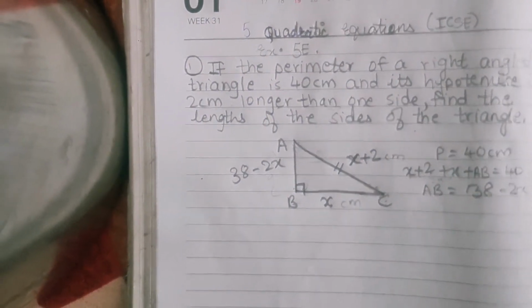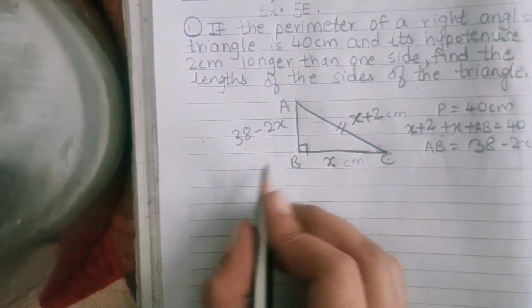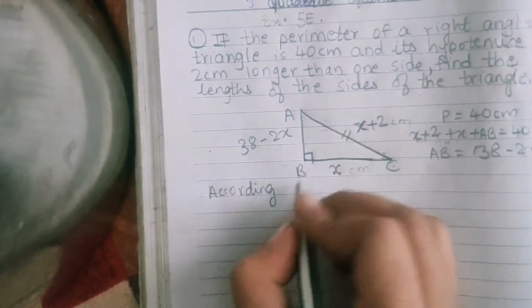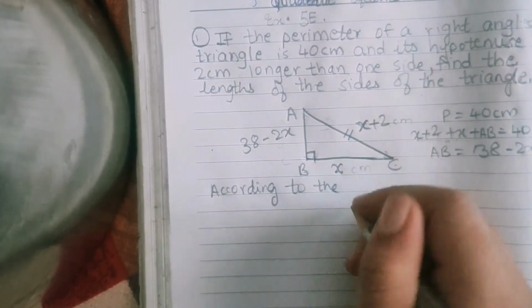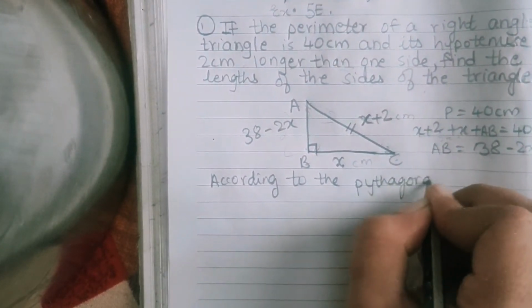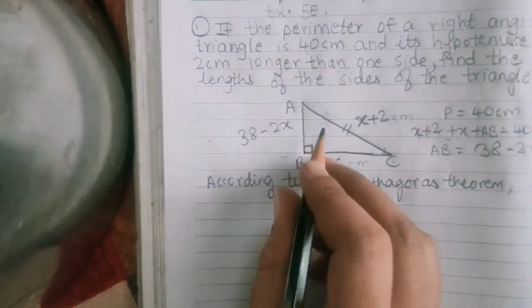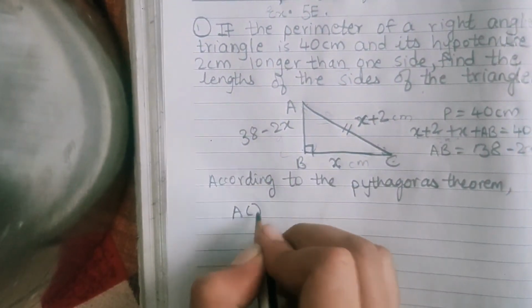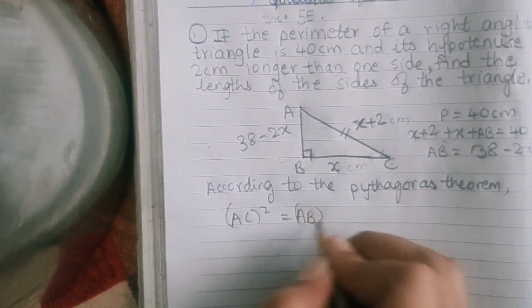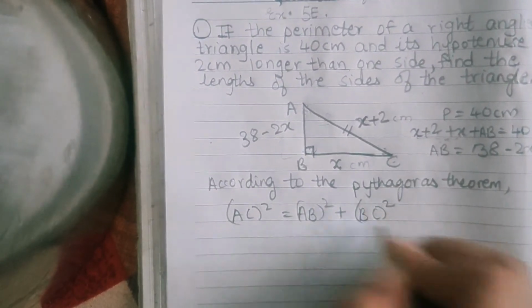Now we will solve. According to the Pythagoras theorem, AC square is equal to AB square plus BC square, right?